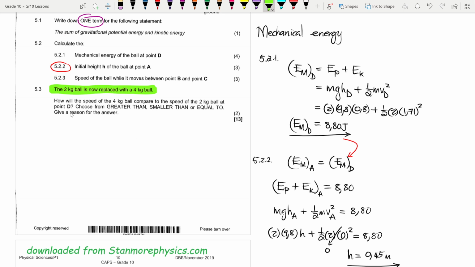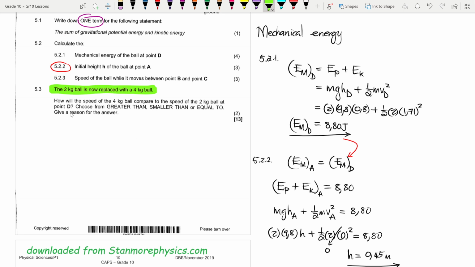If the mass changing is going to affect anything, it's going to affect something in the equation. Exactly. Like Tapela said, they would ask you if it's going to affect something. So I'd say the something might be the speed.